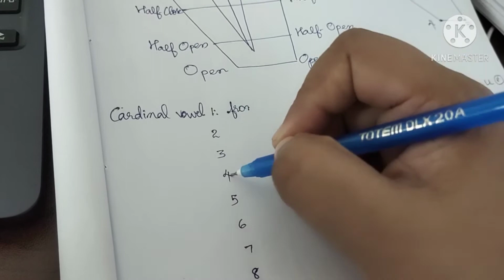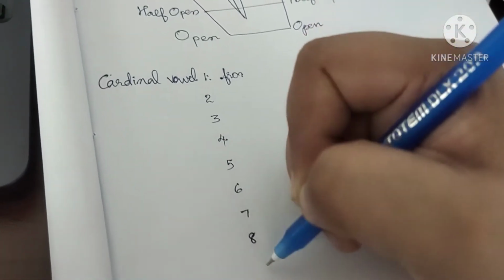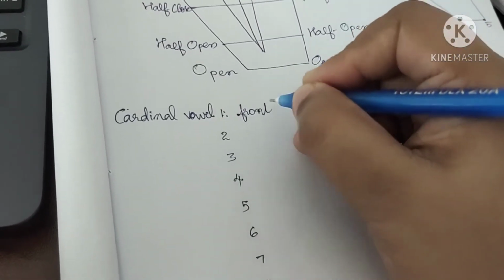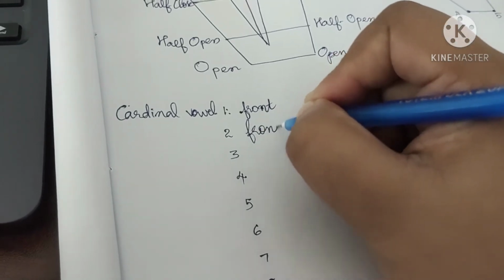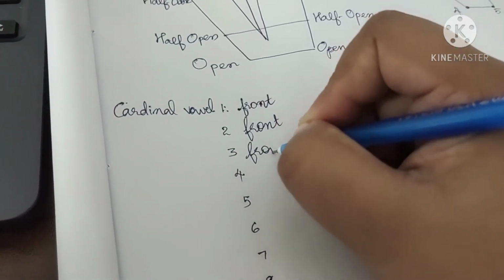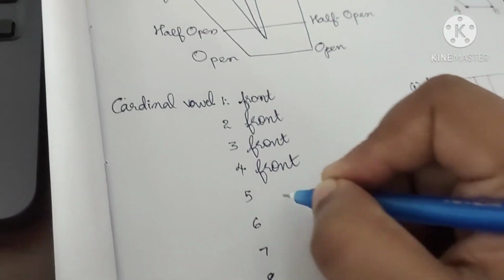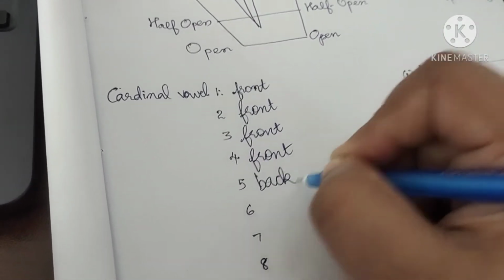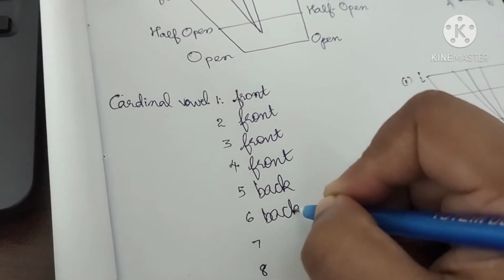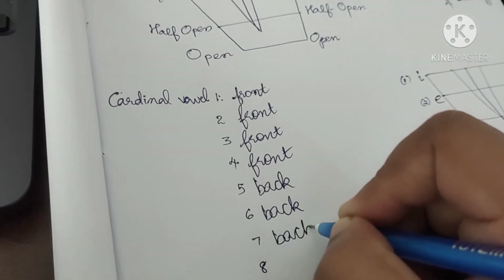See, the first 4 are front and the next 4 are back. So we write front, front, front, front. Now the next 4 are back, back, back, back.